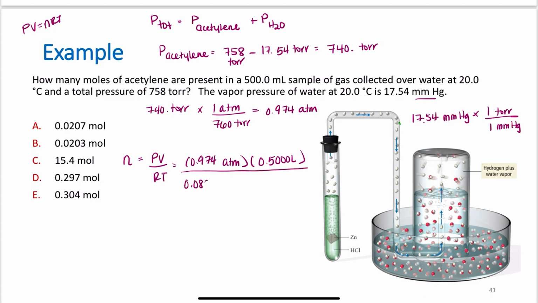R is 0.08206 liter atmosphere per mole K. And your temperature is 20 degrees C, which is 20.0, so 293.2 Kelvin to keep your sig figs. 0.974 times 0.5 divided by 0.08206 divided by 293.2, 0.202 moles.